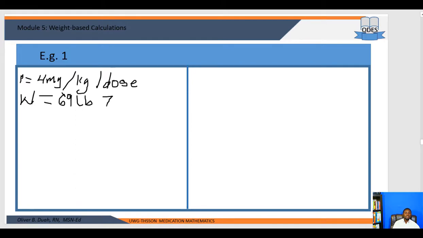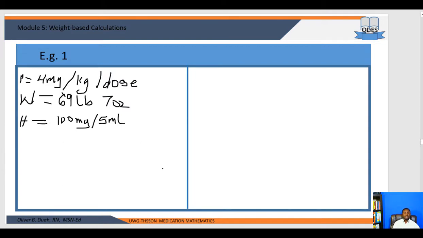And then 7 ounces. Then we have a medication which is available in 100 milligrams per 5 milliliters.